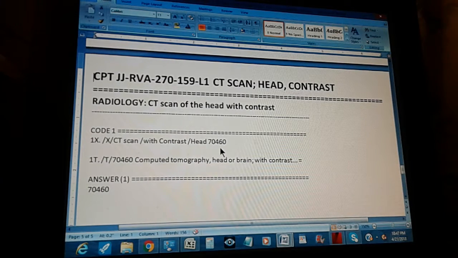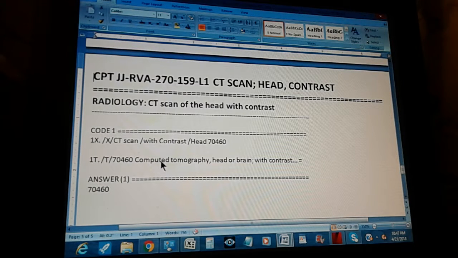Now we have to check this code in the tabular. You always check, because sometimes it's deceiving. So the code through the tabular is found like this. First, we go to the tabular. We start with the code 70460. That's the only code we have, so you just go to that code and read.